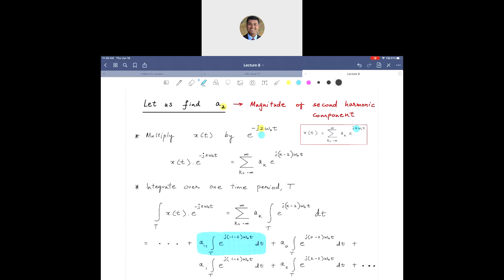That is when k is -1. And this guy is k equals 0. And then I can also write one more term, this one is for k equals 1.